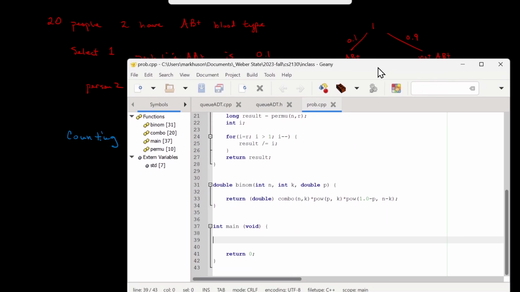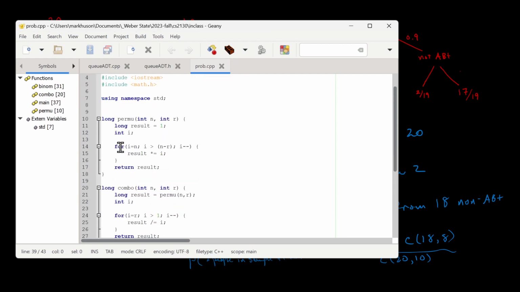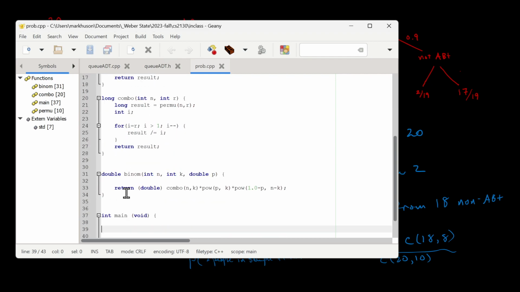I'll bring this over here. As you can see, I do the same thing when it comes to my permutations and combinations.